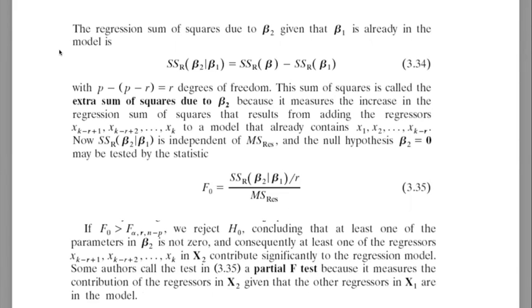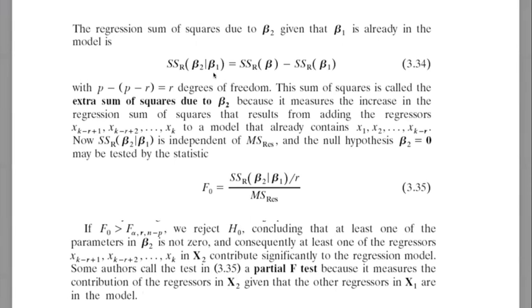Once we have those two sums of squares, the sum of squares for the regression for the full model, denoted by that quantity there in equation 3.34, and the sum of squares for the reduced model, we take the difference and denote that difference using this notation. This is the sum of squares for the regression for beta 2, given that beta 1 is in the model.